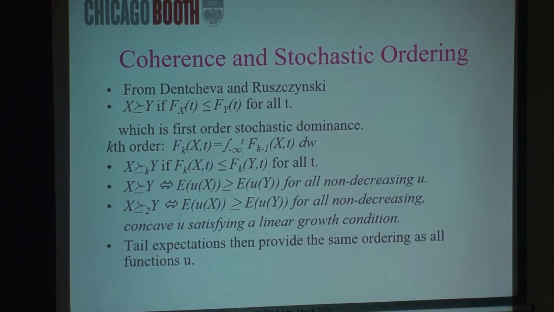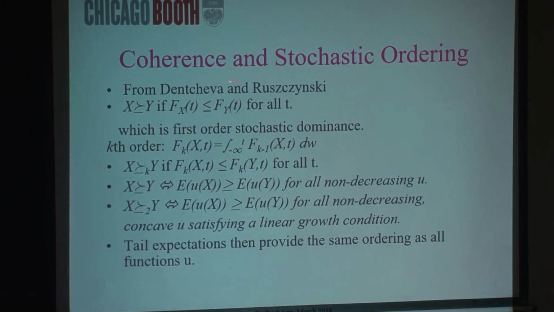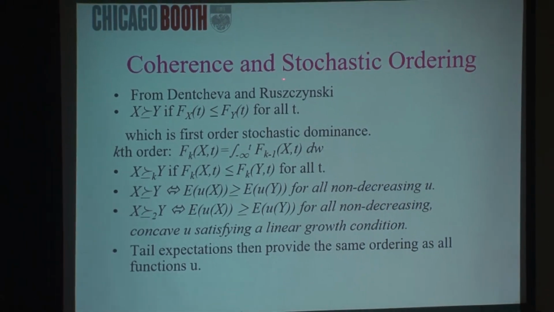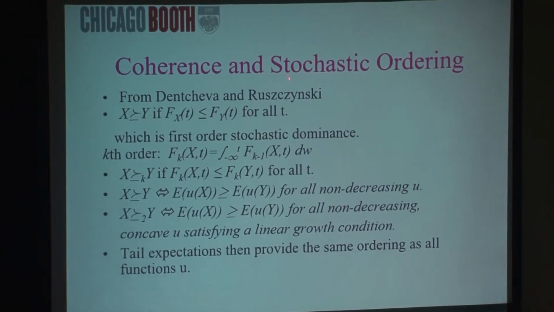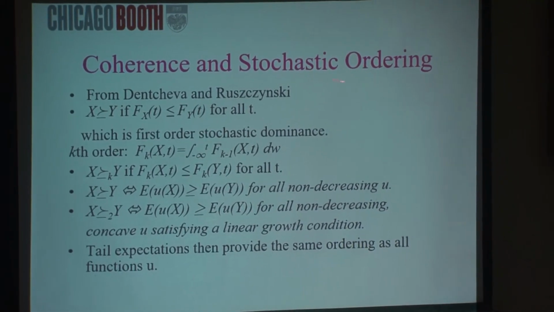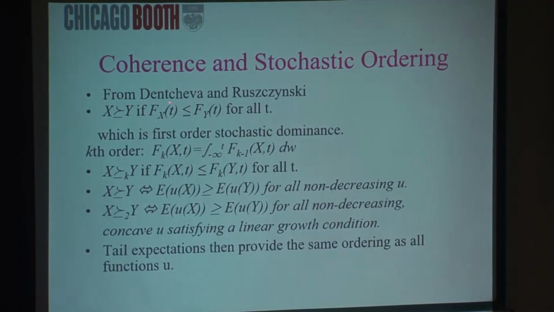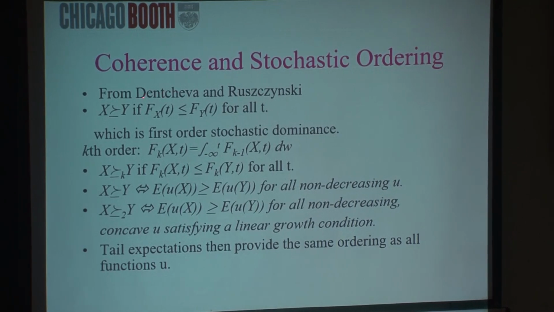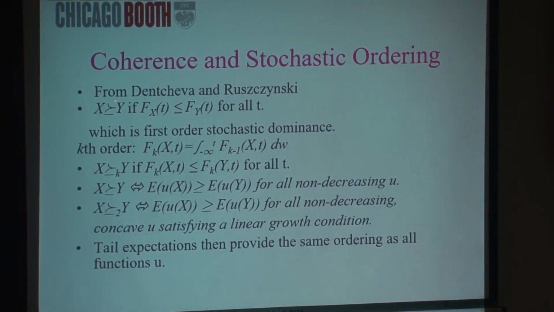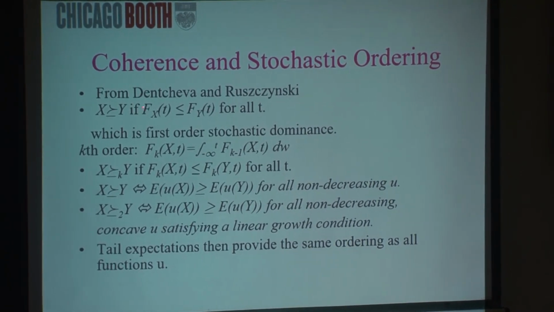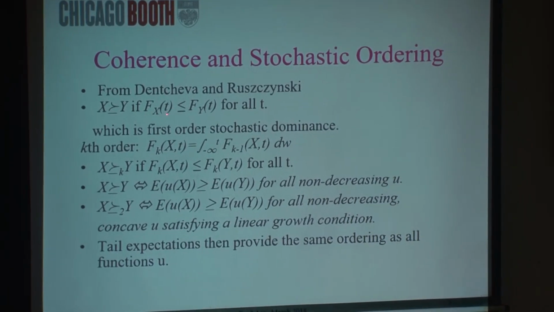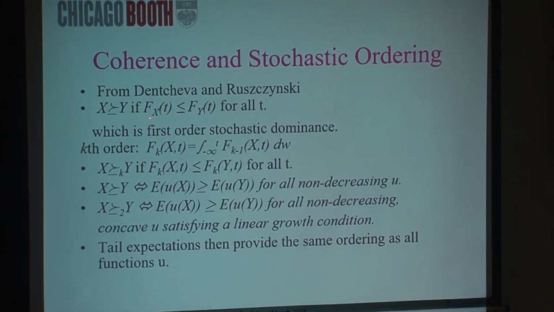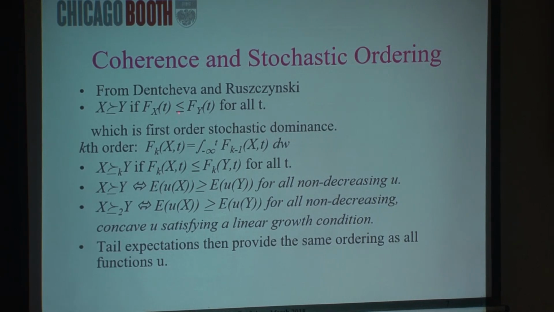Now, coherent risk measures are related to stochastic order. So we say, in terms of stochastic order, x is stochastically greater than y if the probability up to any number t under x is less than or equal to the probability up to any number t under y.